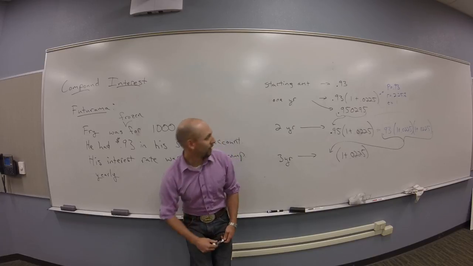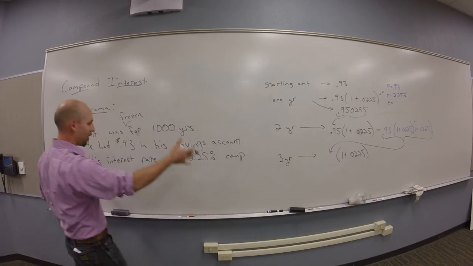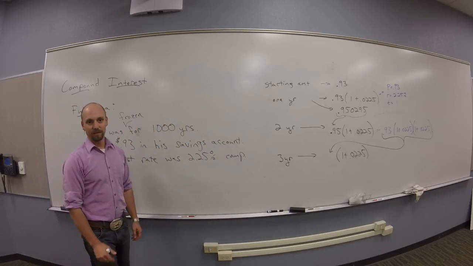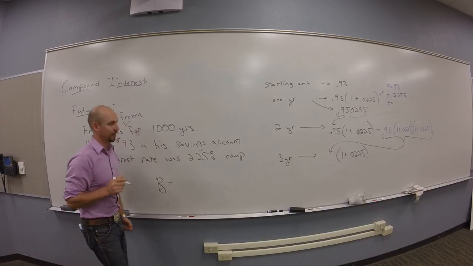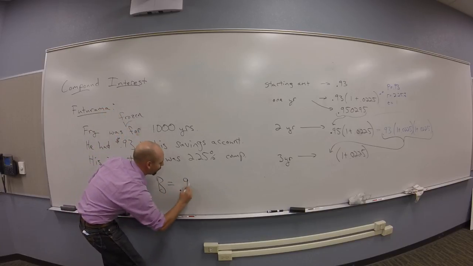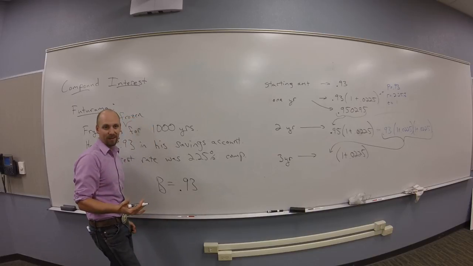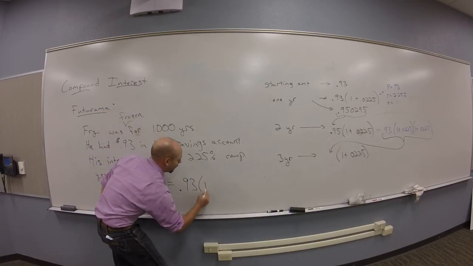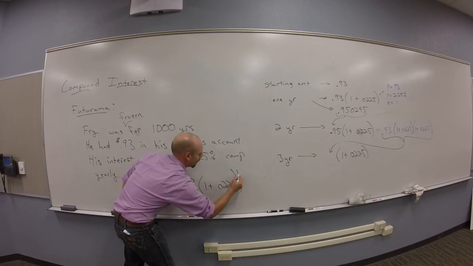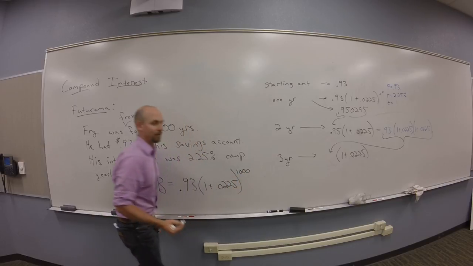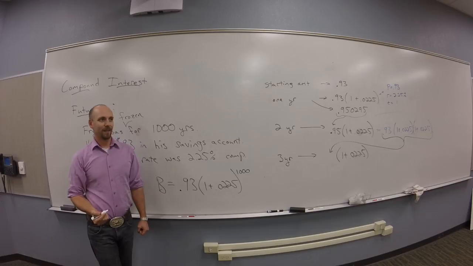Can you tell me what his bank account balance should be? B equals 0.93, his starting balance, times 1.0225 raised to the 1,000. You all see that? Let's just do that on paper.